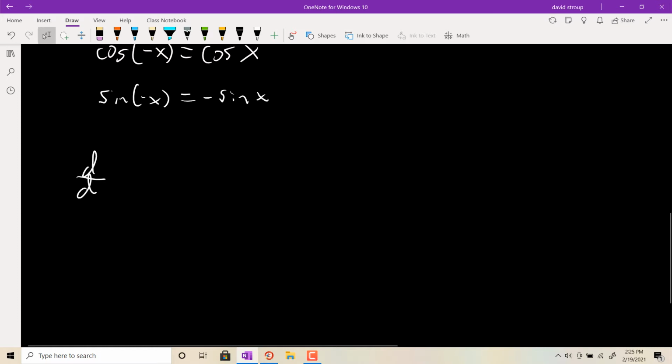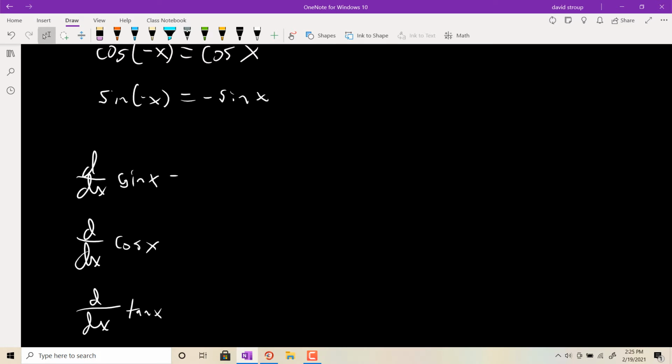So the derivative with respect to x of, I guess we always start with sine x, and then the derivative with respect to x of cosine x, the derivative with respect to x of tan x, and then these other guys.